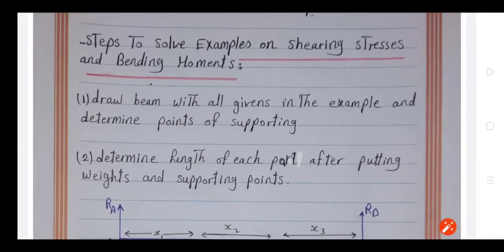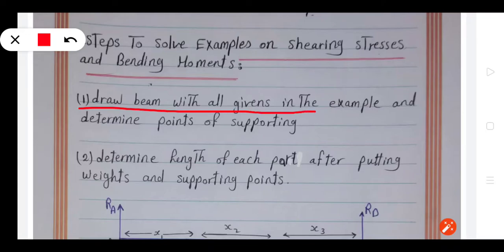Steps to solve examples on shearing stress and bending moments. First, draw the beam and all givens in the example, and determine points of supporting. Firstly, we should determine the points of supporting. Why?